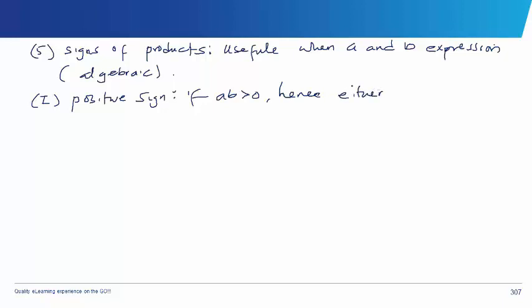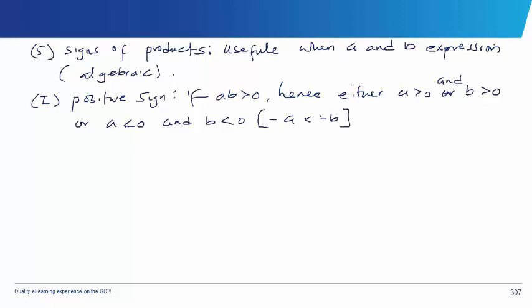It's either A is greater than 0 and B is greater than 0, or A is less than 0 and B is less than 0 too. This follows from the logic that when two negative real numbers multiply, minus A times minus B, the signs cancel out.